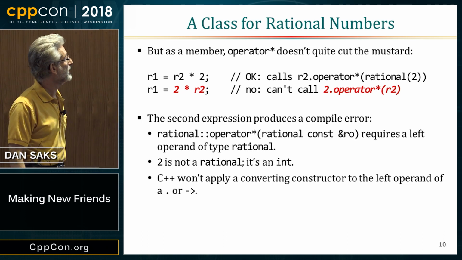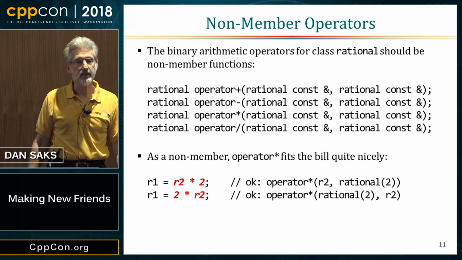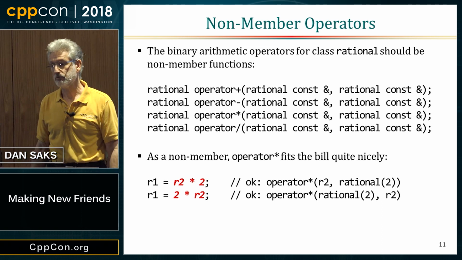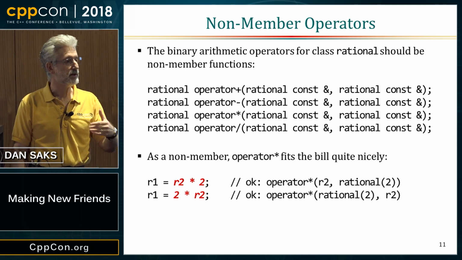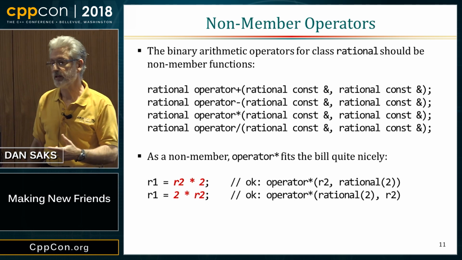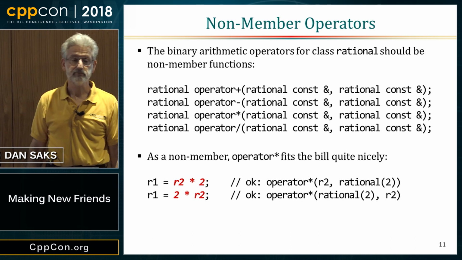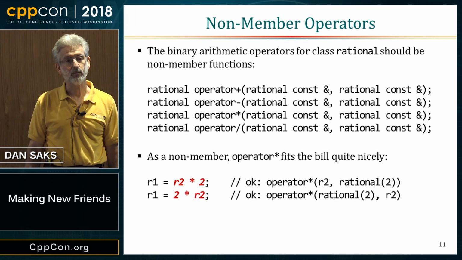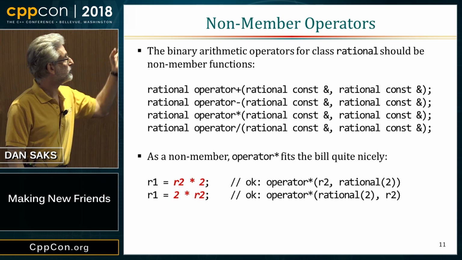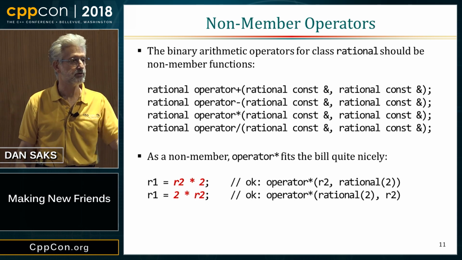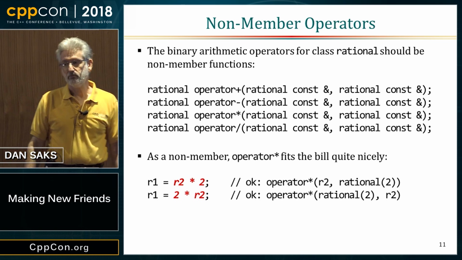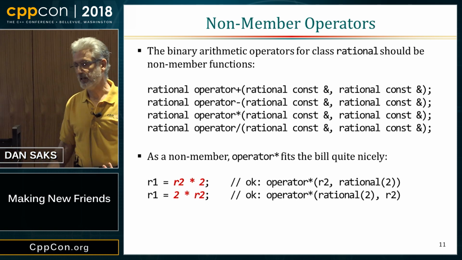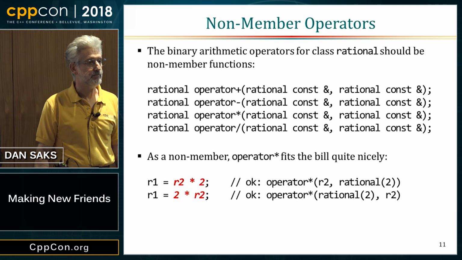And so this is the conventional reason for implementing these things as non-member functions rather than as members. It's so that the compiler, during overload resolution, will try to do a conversion either on the left operand or on the right operand. If those operations are implemented as members, it will only try the conversion on the right operand. That's sort of like one of the canonical examples for why we would use non-member operators.